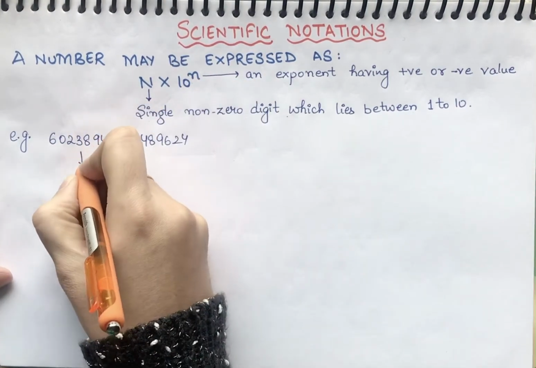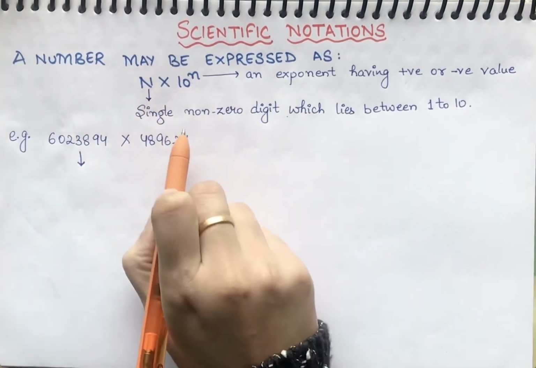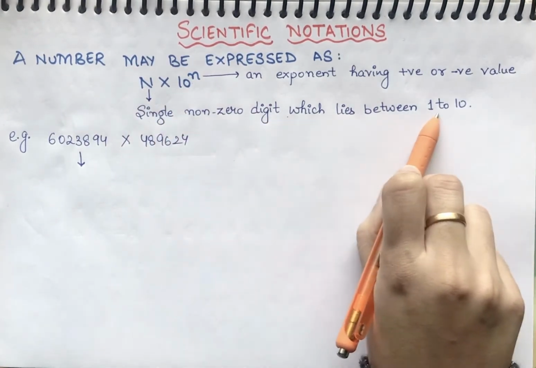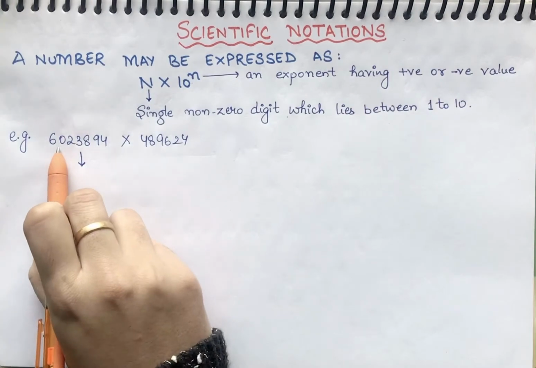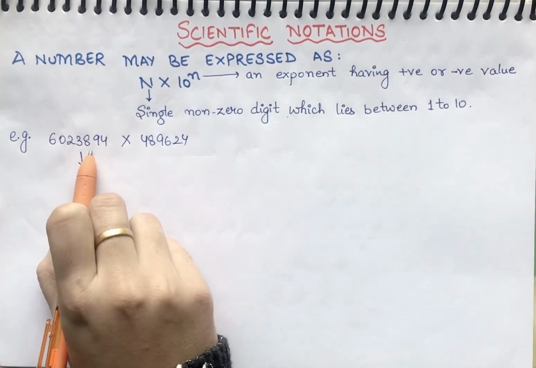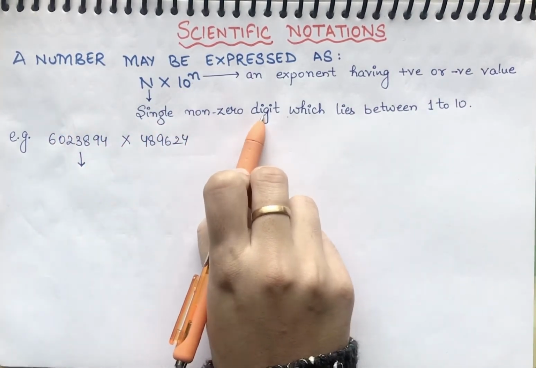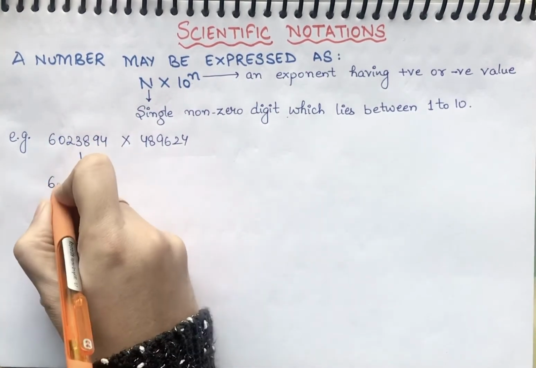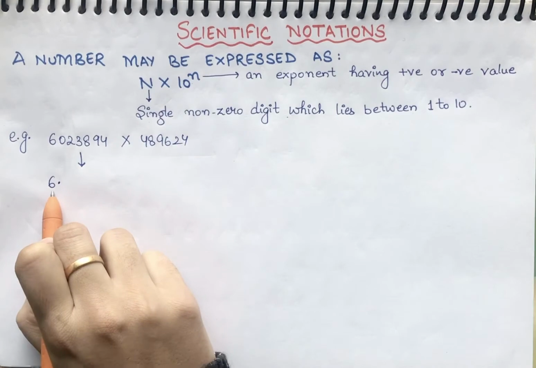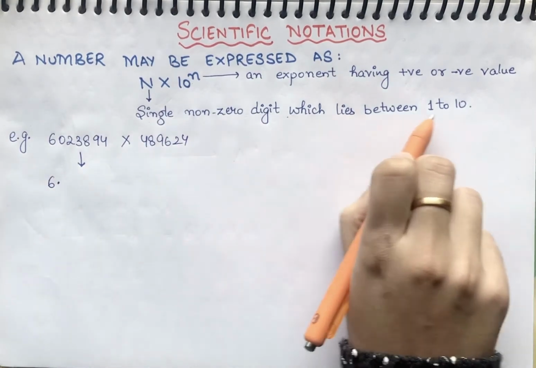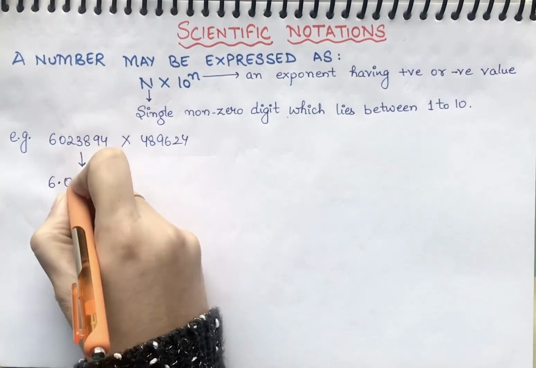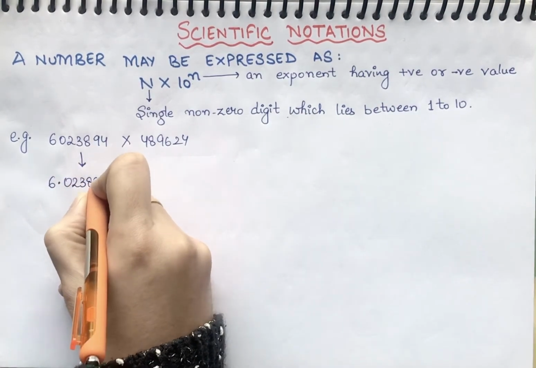Here n is a single non-zero digit which lies between 1 to 10. You have to arrange these values in terms of a single non-zero digit. That means beyond the decimal you should have only a single digit between 1 to 10. So can I write this value as 6.023894?